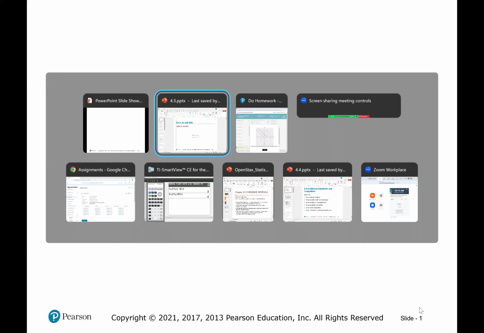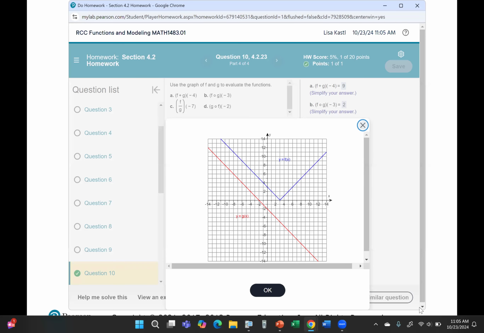Okay, so let's first look at f plus g at -4.